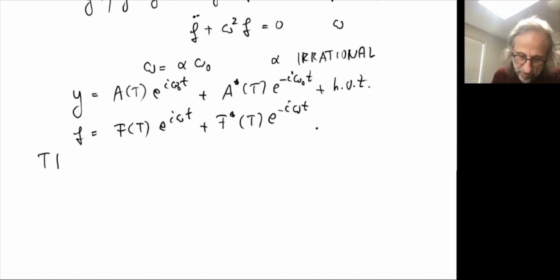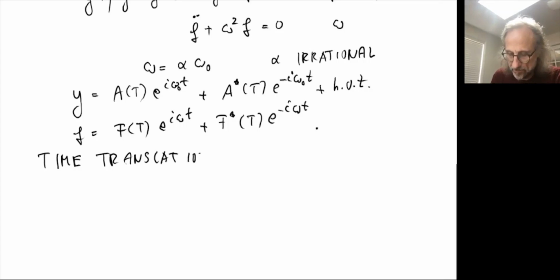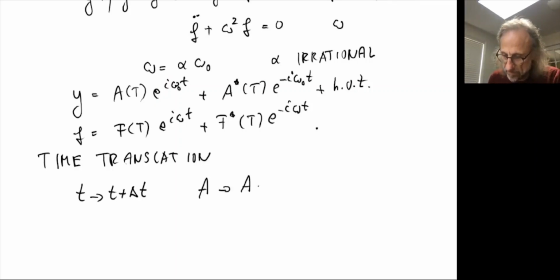If we make an arbitrary shift from t to t plus delta t, then in our A equation, A goes to A times e to the i omega naught times delta t.